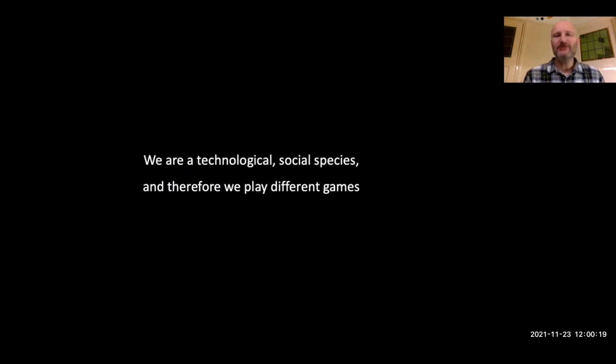So what we're arguing is that it's not that we have a different population structure or a different repetition rate, but we're playing different games. And that's because our niche is that we are a technological social species. That means we have to invest. Technology means that you make tools for future use, and many of the things we do together.